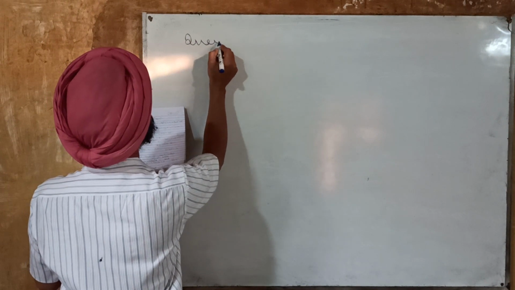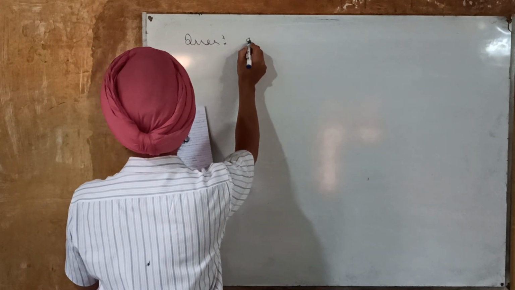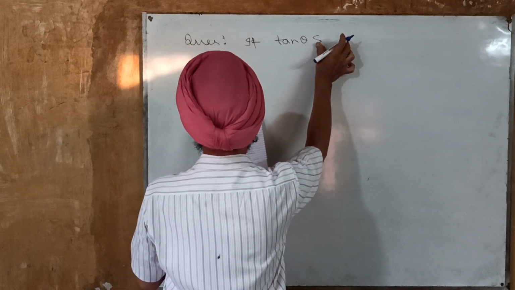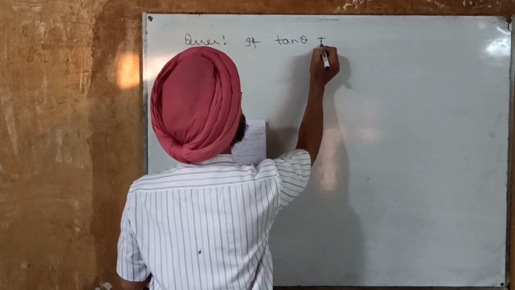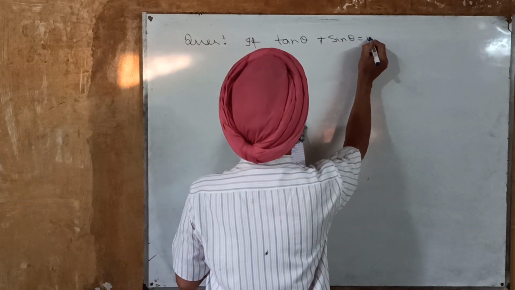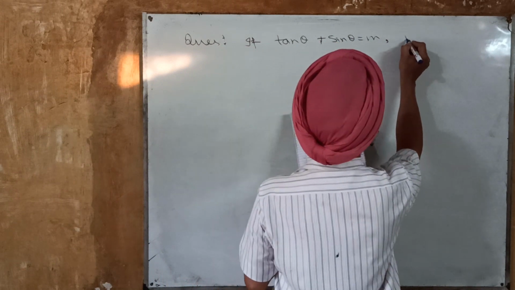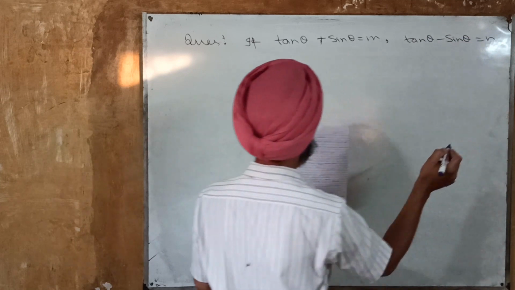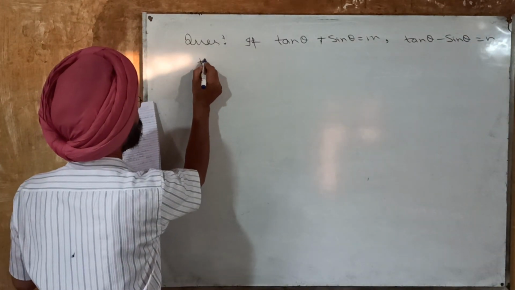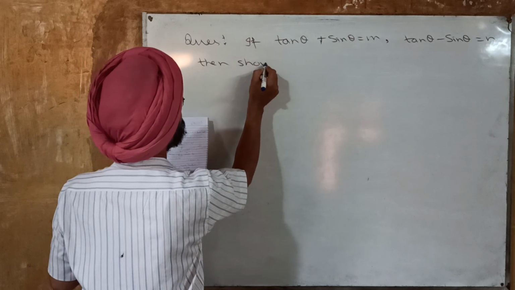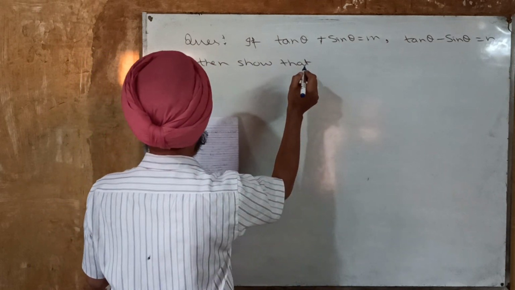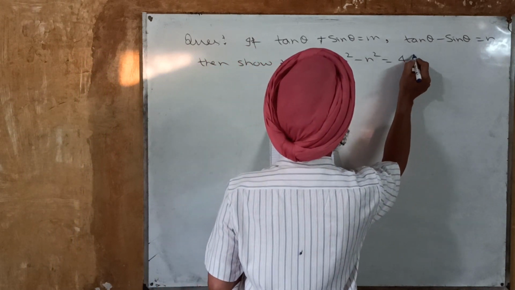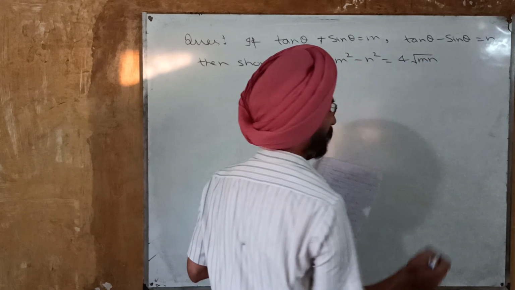Statement of the question first. Question is, if tan theta plus sin theta is equal to m, tan theta minus sin theta is equal to n, then show that m square minus n square is equal to 4 square root of mn.